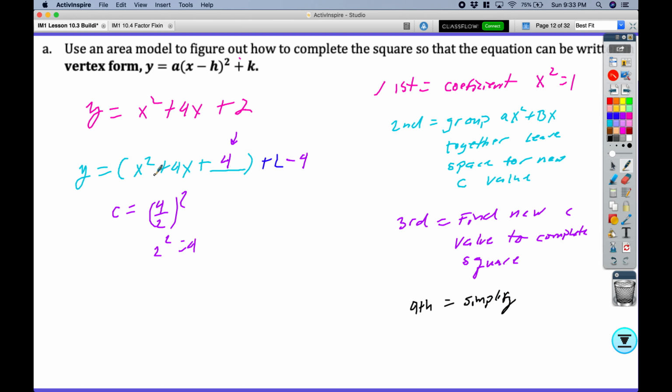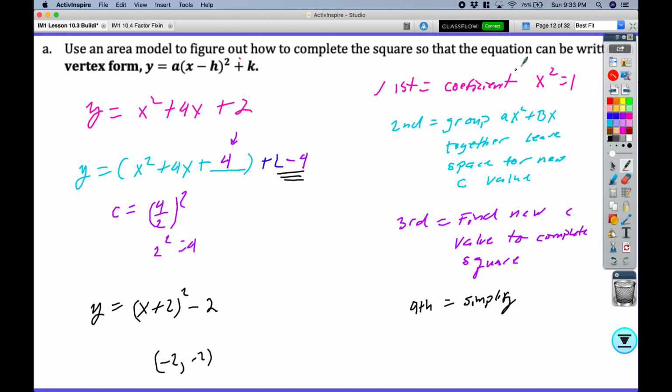Now watch this. We know how to convert this into a perfect square form. So this would be y equals x plus 2 parentheses squared. And then 2 minus 4 would be negative 4. Oops, would be negative 2. And this is vertex form. Your vertex here is negative 2 comma negative 2.